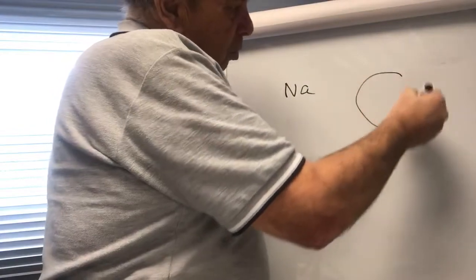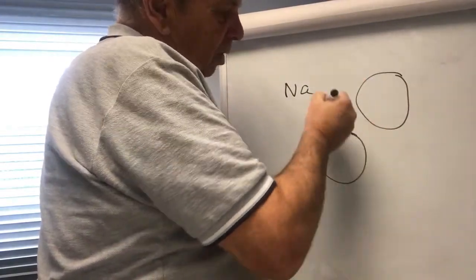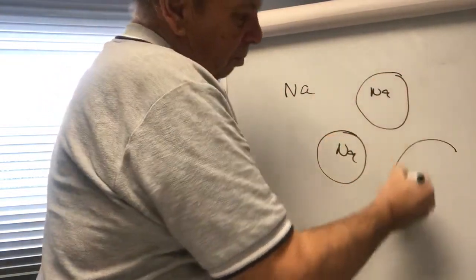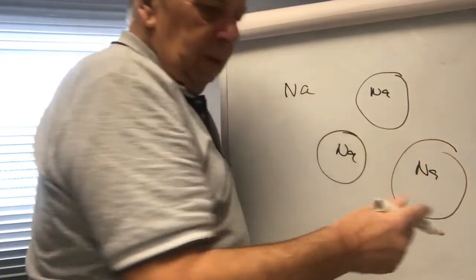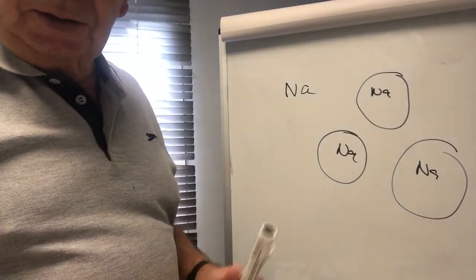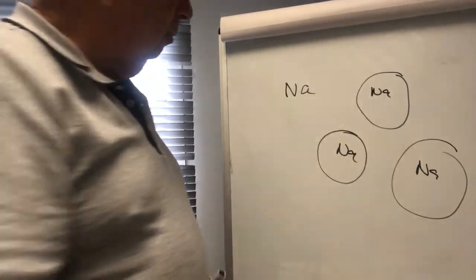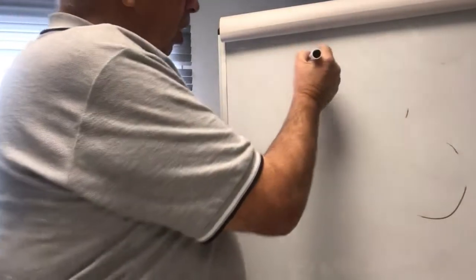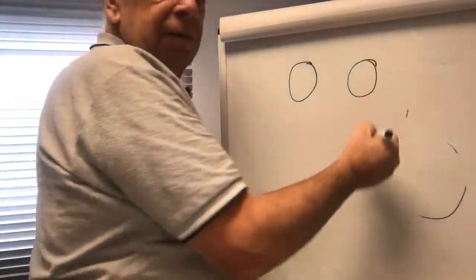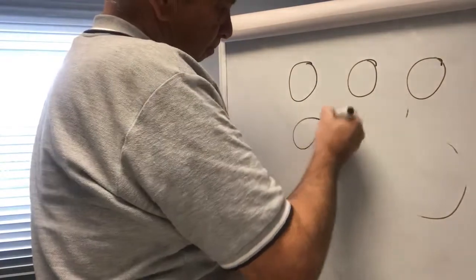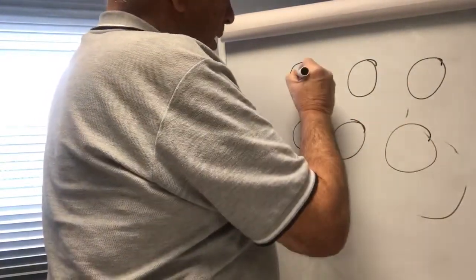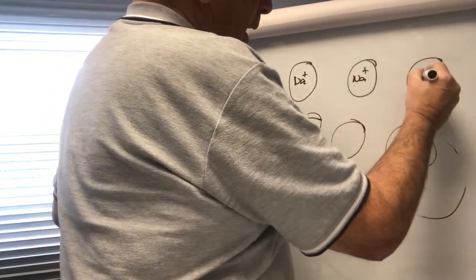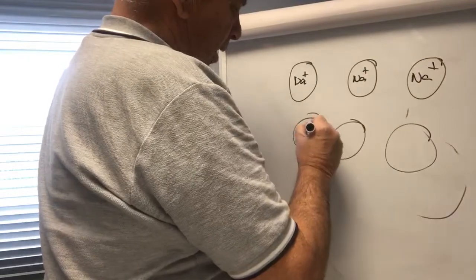So if I looked inside something like sodium again, when these atoms combine together, that's sodium, that is sodium, that is sodium. When I look inside a metal element, it consists of ions, positive cations: Na+, Na+, Na+, Na+.